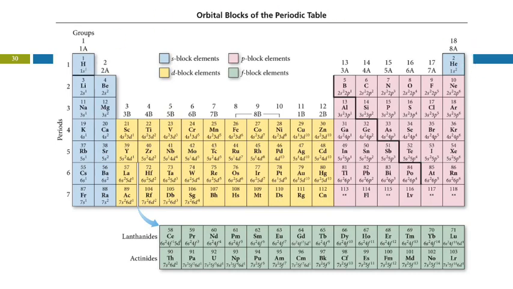So that's 1s2, and then we're on the second floor. 2, and here's the S room, 1, 2, and then the P block, the P subshell, the P room, whatever you want to call it, filling up 6 electrons. So there's fluorine we just looked at. Fluorine has 2s2 and 2p5, total of 7 valence electrons.